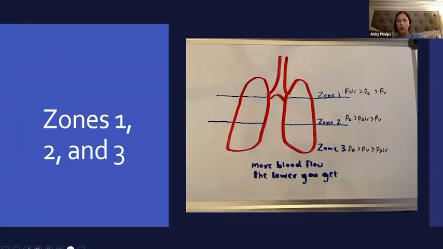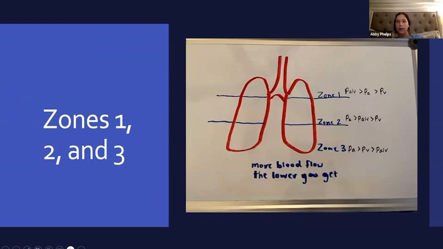Right, and then we're going to go over the zones. So there's zone 1, 2, and 3. The lower you get, the more blood flow, as you can see through each zone. In zone 1, the alveolar pressure is greater than the arterial pressure and the venous pressure.